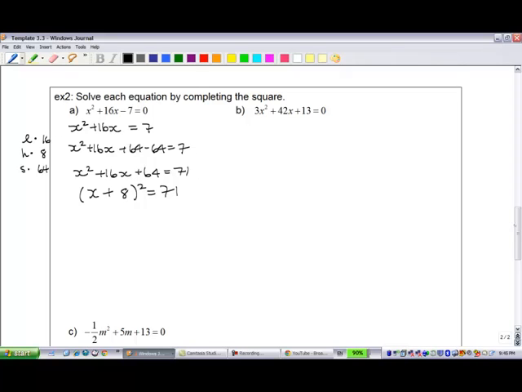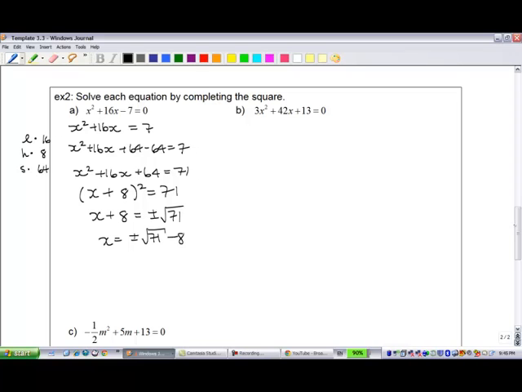And this should look a lot like solving by square roots like we did earlier in the notes. Take the square root of both sides, plus or minus root 71, and subtract 8. And again, if you want to evaluate that, I think we get answers of negative 16.426 and 0.426.